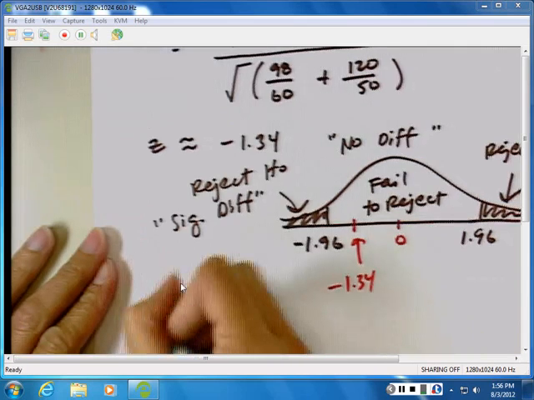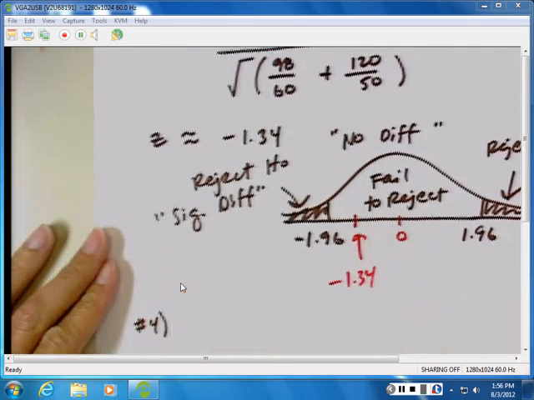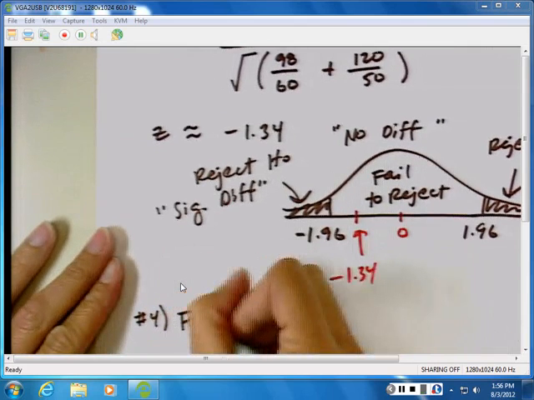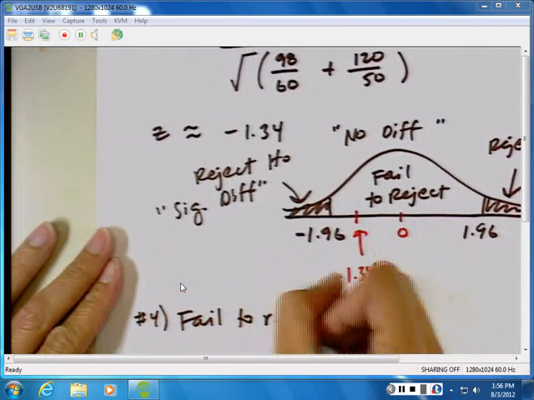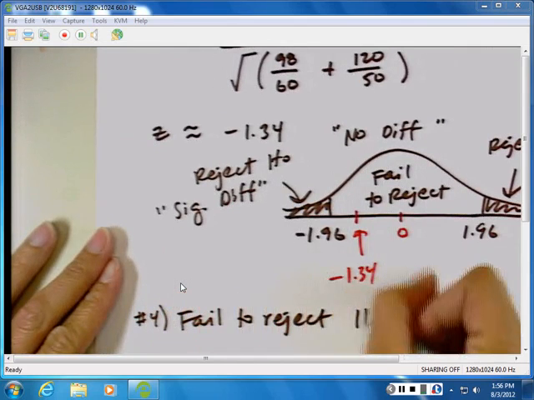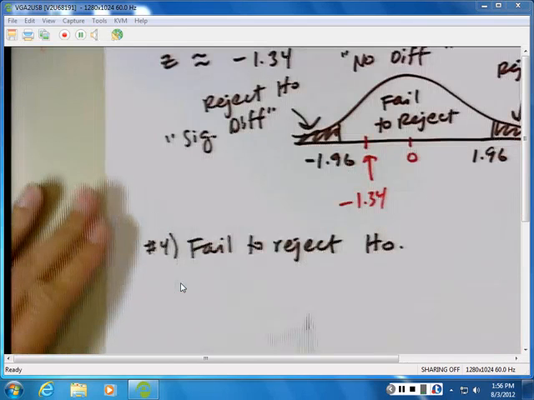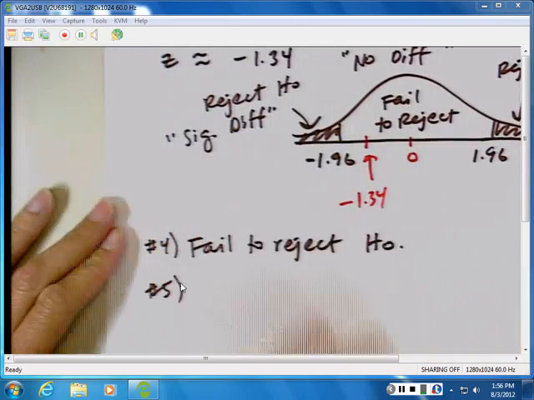So our conclusion then, we're on number 4, our decision is to say, let's see, we didn't find a significant difference, so we fail to reject the null hypothesis. Remember, number 4 is always your decision: fail to reject the null or reject the null. But number 5, what does that mean?